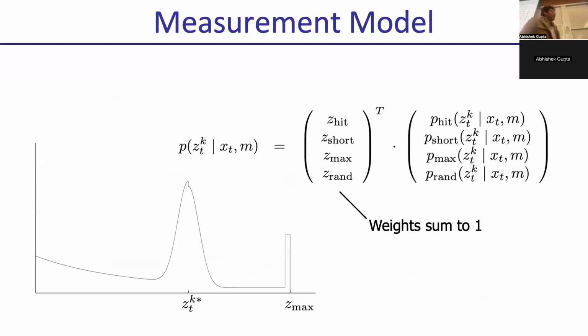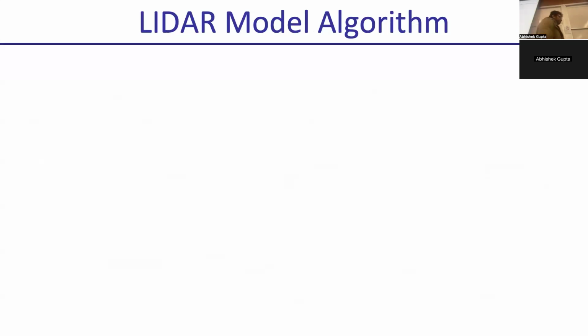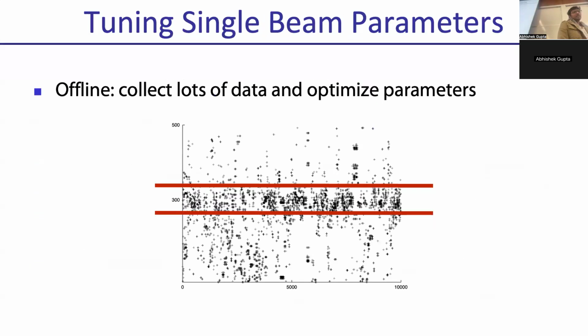So if you look at this particular formula, there are these 4 numbers, z hit, z short, z max, and z rand, these weights. And often the hard part of tuning a sensor model is figuring out what these weights are, right? The typical practice here, you do it either offline or online, but you have to collect a bunch of data where you know the ground truth, right?